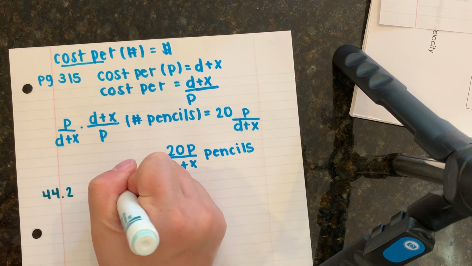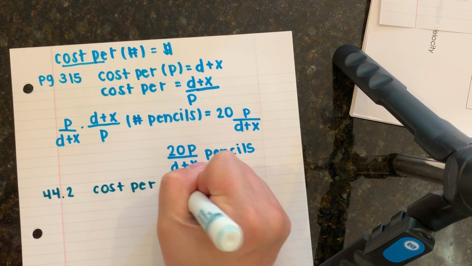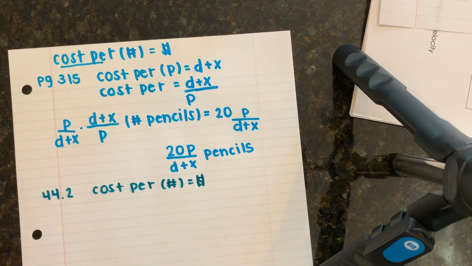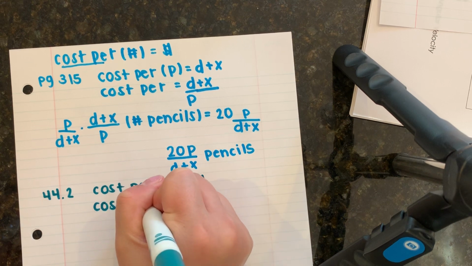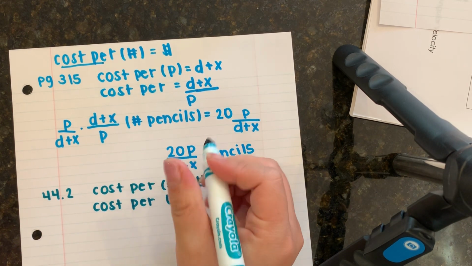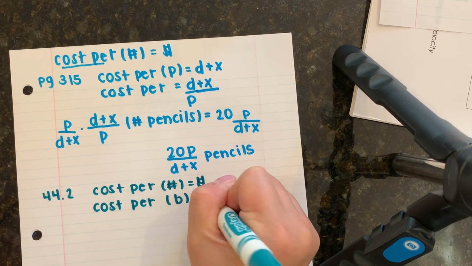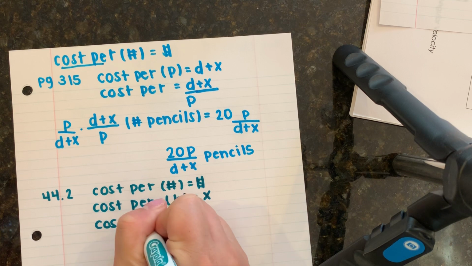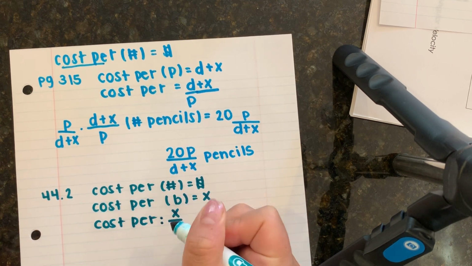I'm only using the first few variables that were given. It says B basketballs for X dollars. So my cost per times the number of basketballs, which would be B, equals the X dollars that they're spending. The cost per ball is going to be X over B.